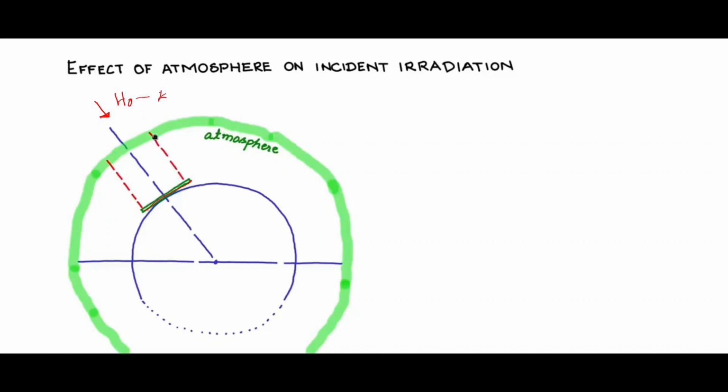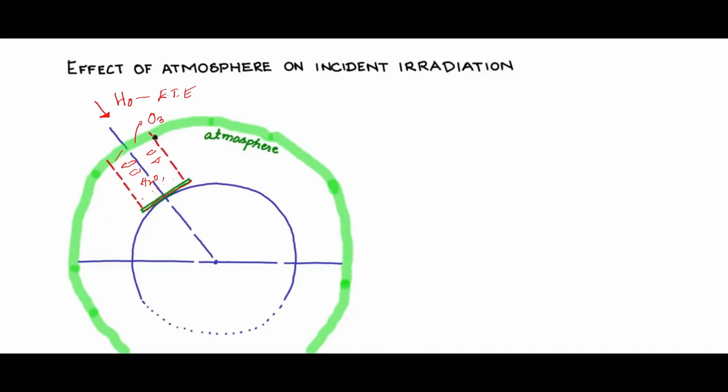Let us assume this as extraterrestrial energy. After entering earth's atmosphere, which consists of the ozone layer, this green color layer around the globe, there will be clouds present in this area, water vapor, and dust particles.